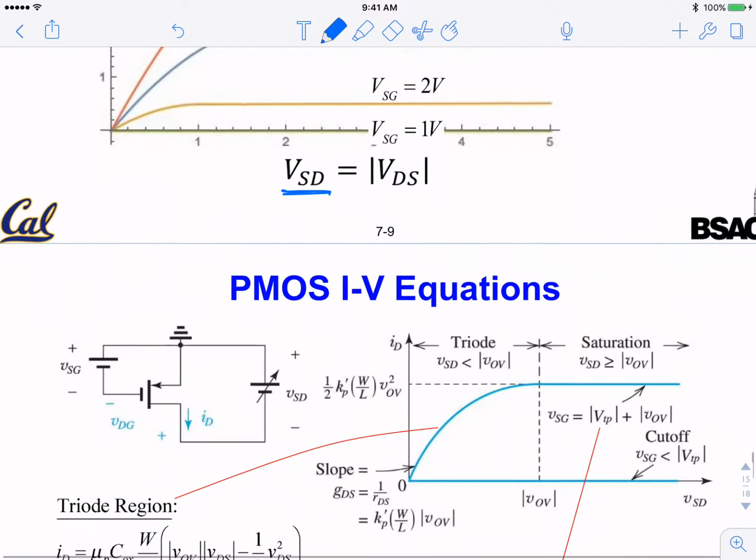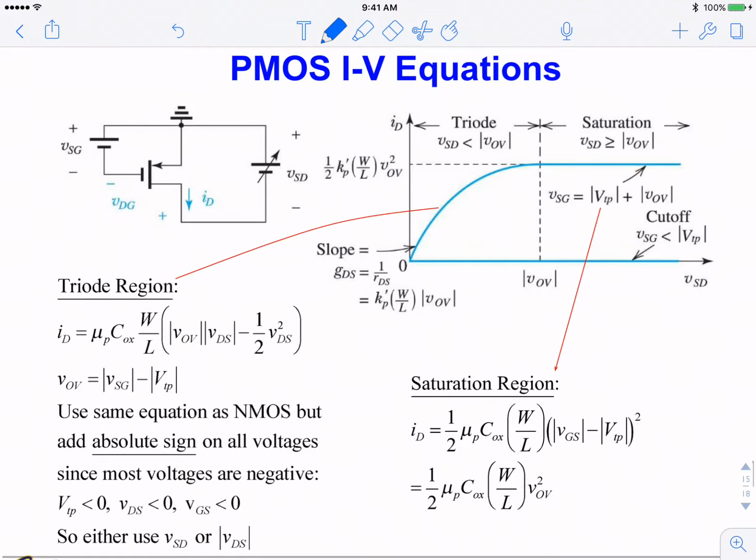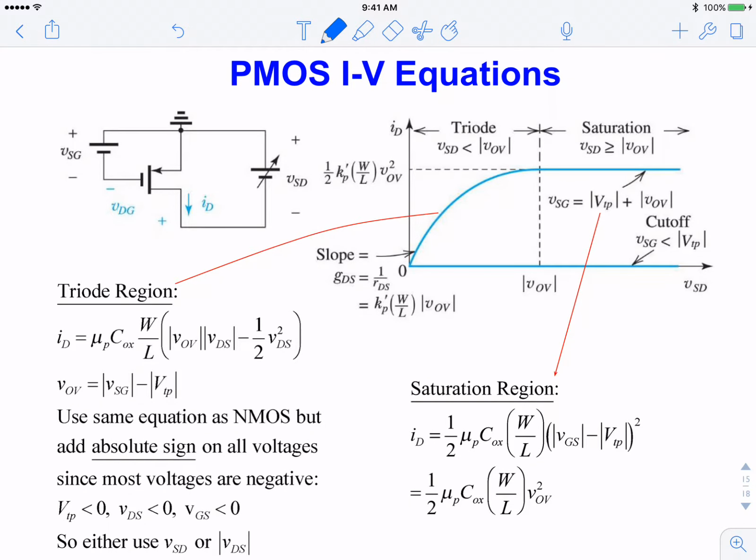The current-voltage equation in the model is identical to the NMOS if you take the absolute sign. So I can write ID, really the current flowing down in this direction, equal to this value, which now you can call Kp, the counterpart of Kn.